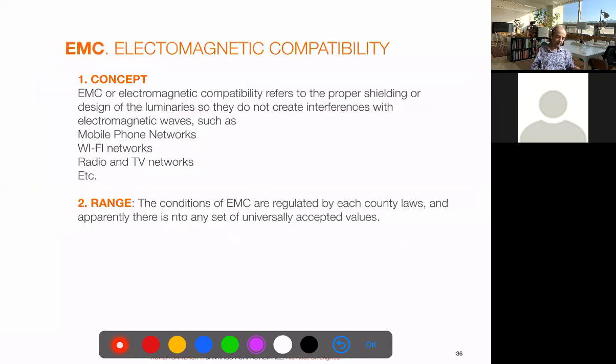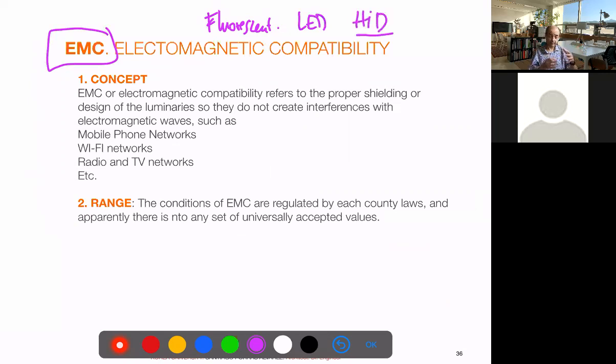Then electromagnetic compatibility is a problem that we have with the fluorescent, with LED, and with high intensity discharge, all those mercury or sodium lamps we use in the streets. They have a lot of vibrations, right? And they create interferences with the mobile, Wi-Fi, radio, and so on, and probably in hospitals with a lot of sensitive machines.